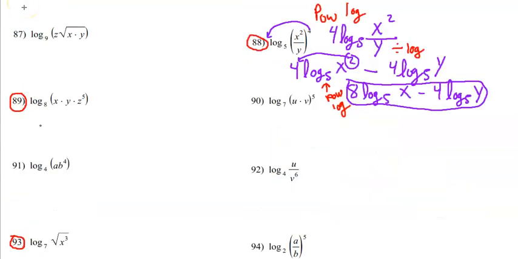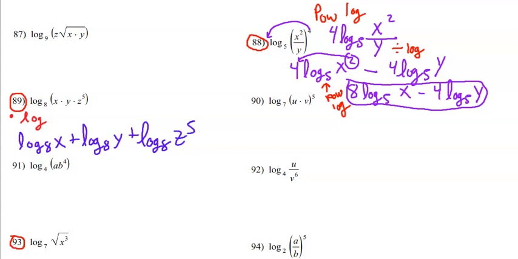Okay, let's look at number 89. Log base 8 of x times y times z to the 5th. So using our product property, we can separate this into 3 different terms. So we have log base 8 of x plus log base 8 of y plus log base 8 of z to the 5th power.